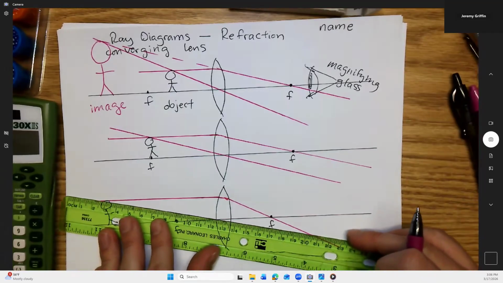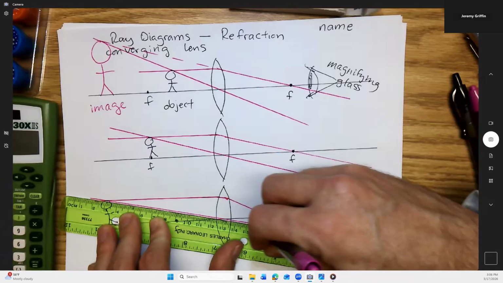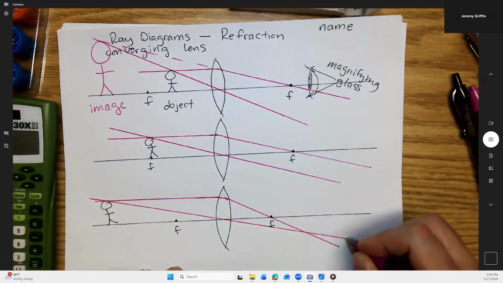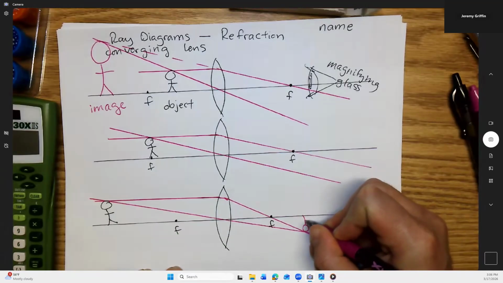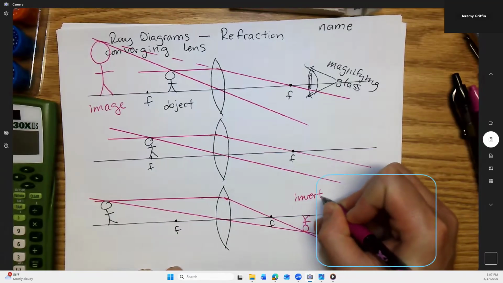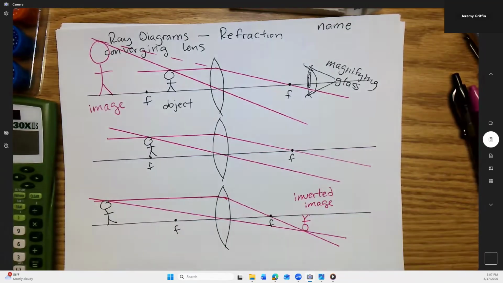Yes, head through the middle of the lens. Zip. Now, where do those lines also cross? How about right here? And his feet are on the ground. Oh yeah, that is in fact an inverted image. That's it right there.